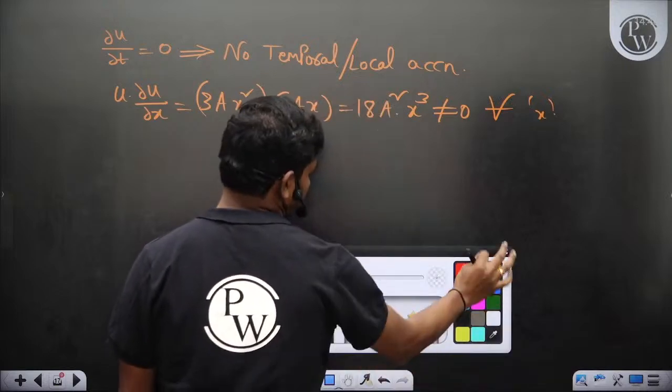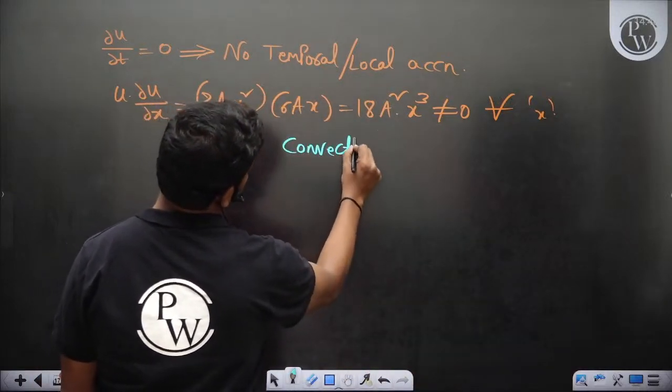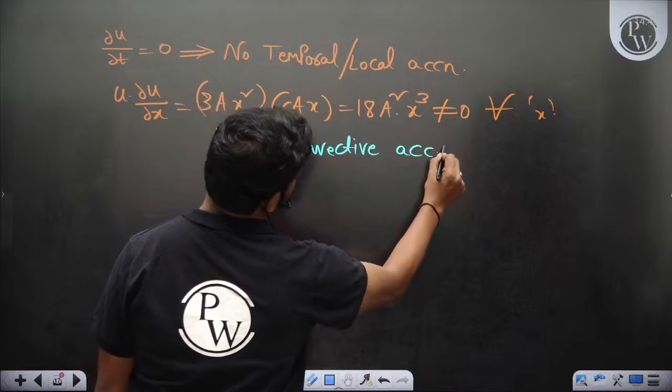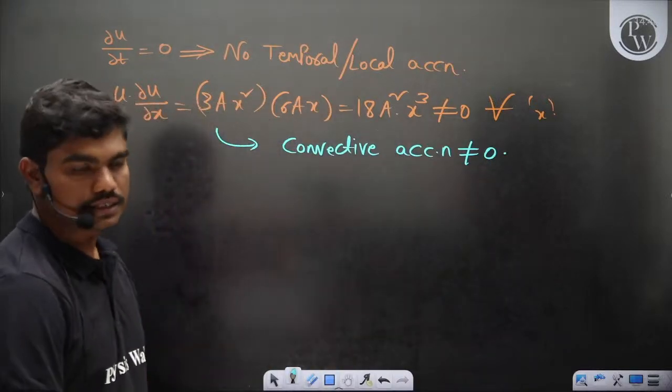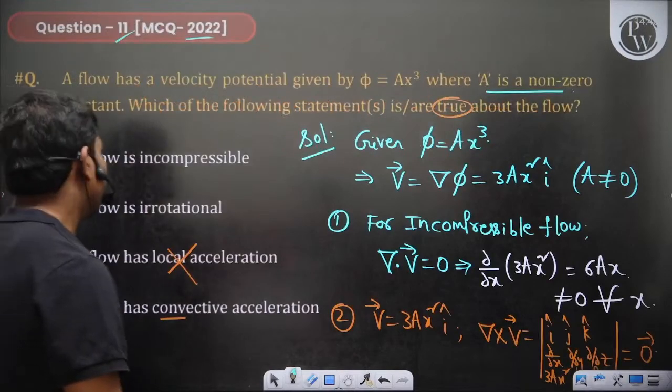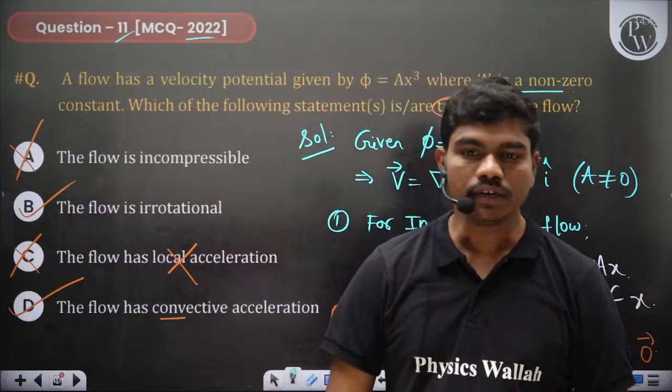So this implies convective acceleration is non-zero. That exists. So B and D are the correct options. Okay, it's fine to all of you.